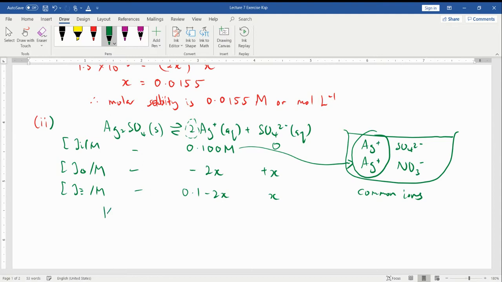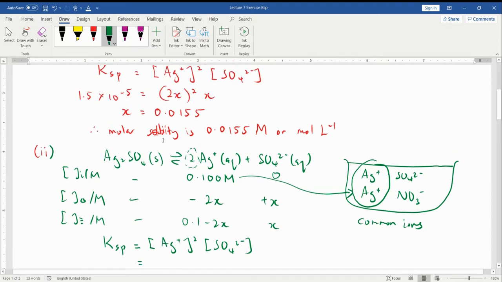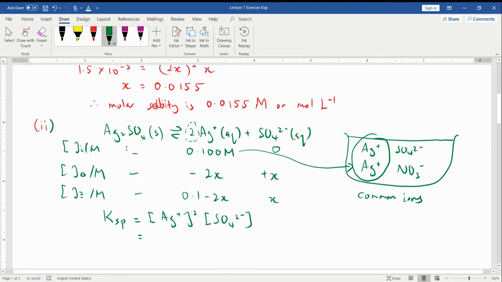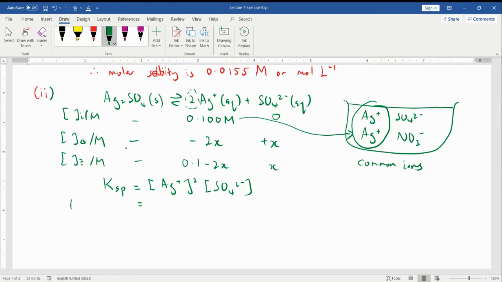Same thing again, substitute into the solubility product expression. Ksp just now given is 1.5 times 10 to the power of negative 5. So we have (0.1 minus 2x) squared times x.